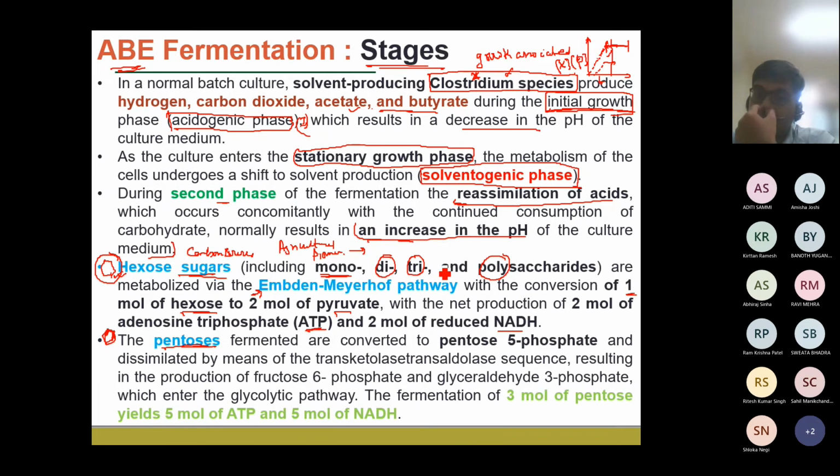Another advantage is that it can use pentose, and what are pentoses? Pentoses are obtained from the hemicellulose fraction, and they are also called xylose. Given an agricultural biomass, we have already discussed that it is made out of cellulose, hemicellulose, and lignin.